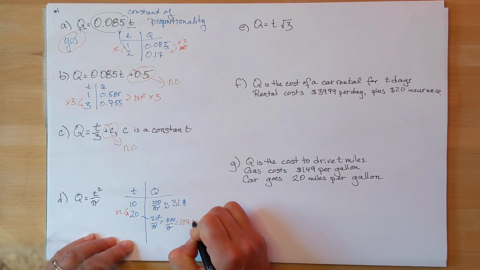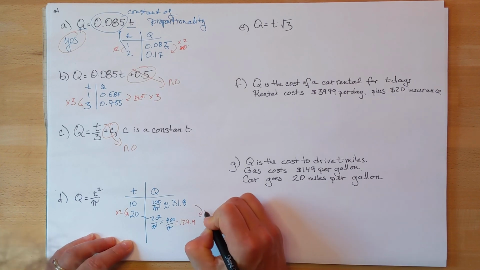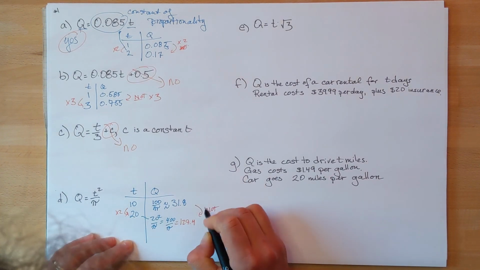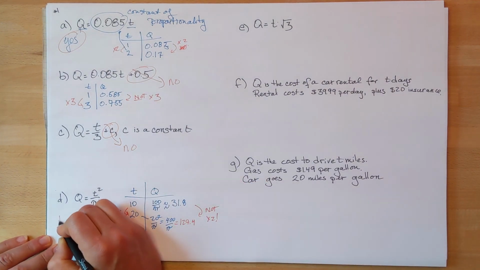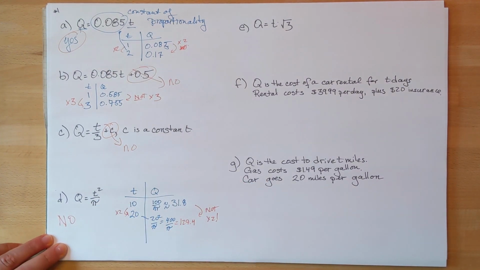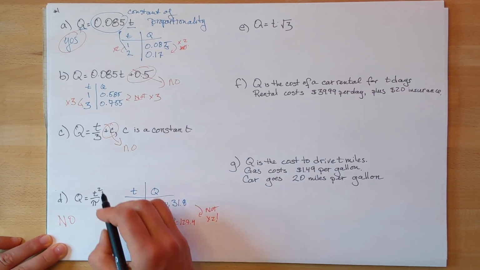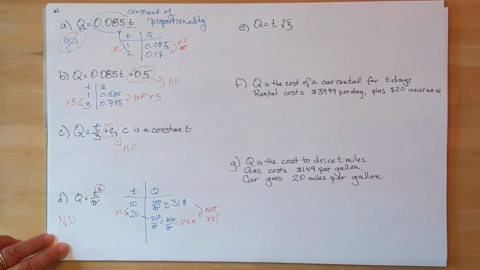So this does not double. So just to be sure, no, these are not proportional. You didn't have to do all that work. That squared there was enough to say, this is weird. These are not proportional.